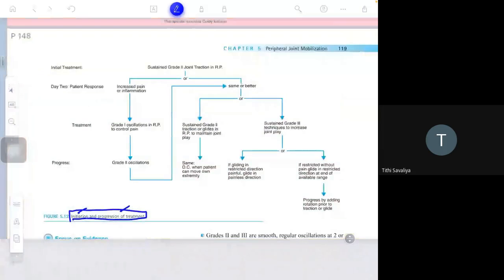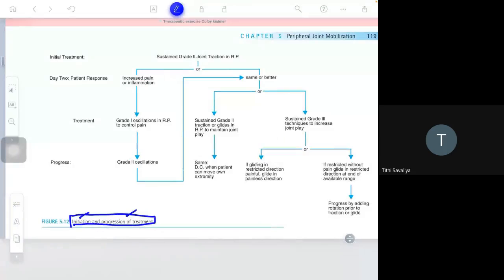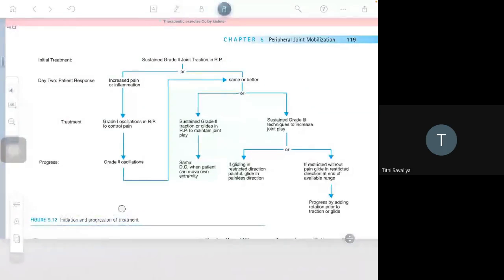So now in this slide, what you are seeing is initiation and progression. That is, if the patient is coming, how you will start the treatment, how you will initiate the treatment, and gradually how you will progress the treatment.